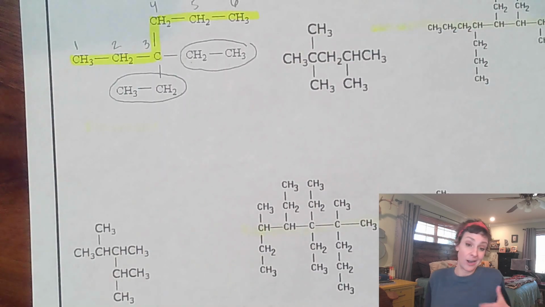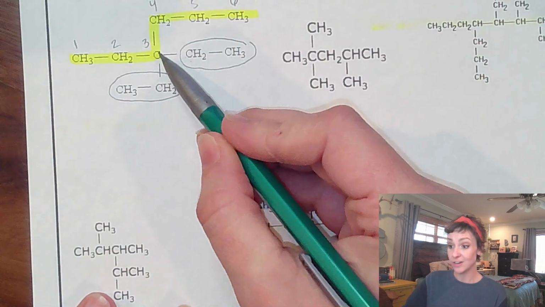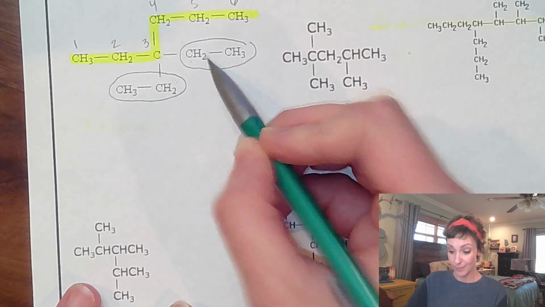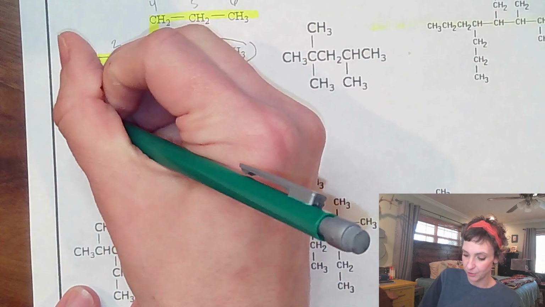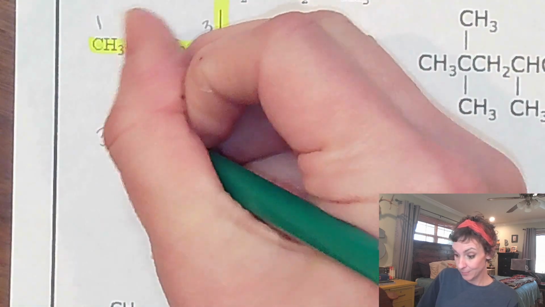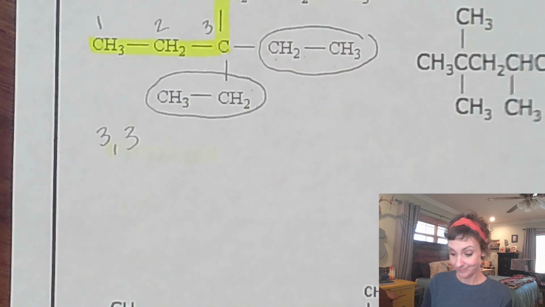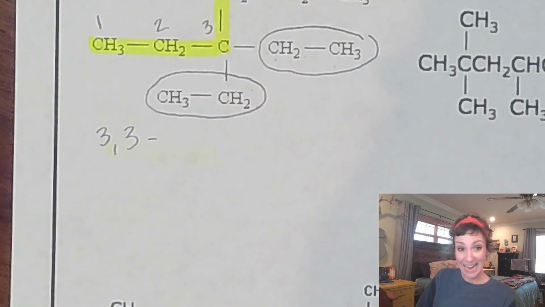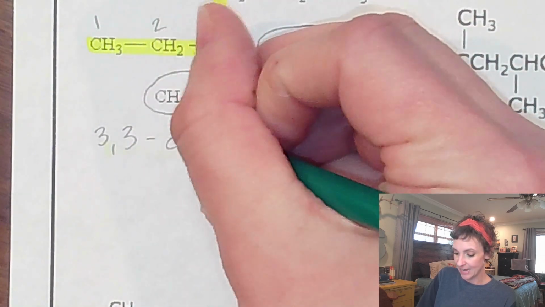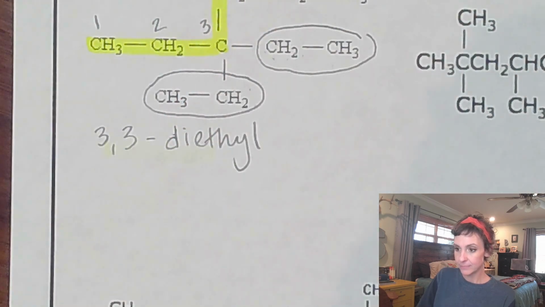Now, just like in our example on the first page, I have to tell you where these branches are, on what carbon in the parent chain they are branched off from. Well, let's see, the 3rd carbon. Both of the ethyl groups are coming off of the 3rd carbon. So the locations for these ethyl groups are on the 3rd carbon, and the other one's also on the 3rd carbon. And then I'm going to name those alkyl groups, and there are 2 ethyl groups, so diethyl, right?